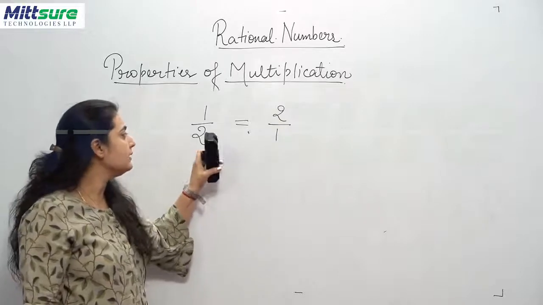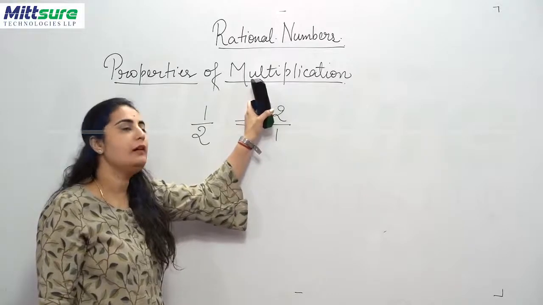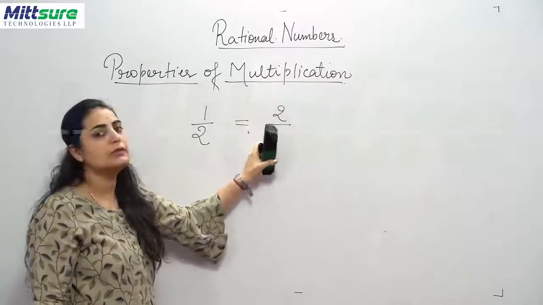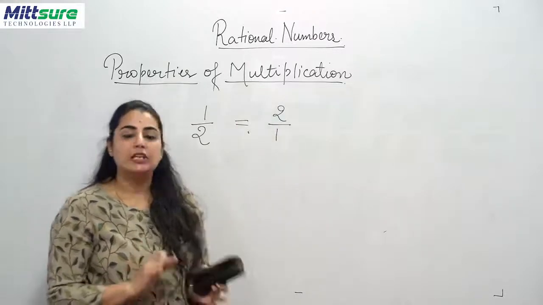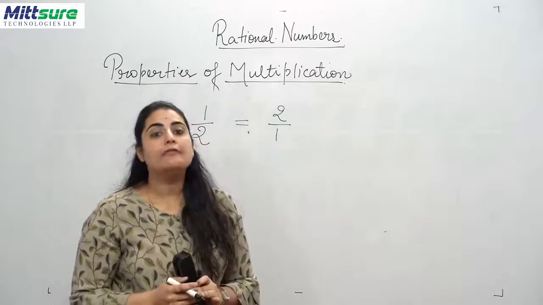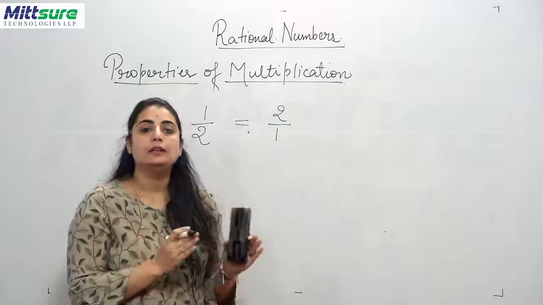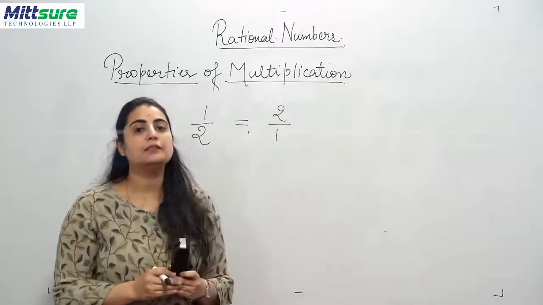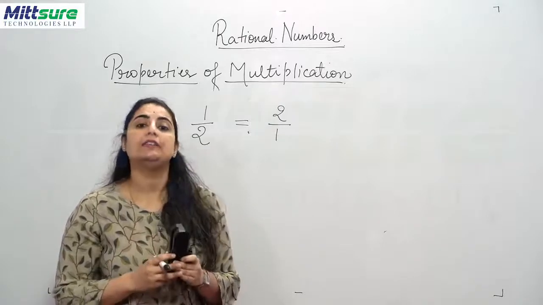Reciprocal means that the denominator comes at the place of numerator and the numerator goes at the place of denominator. This is known as changing the given fraction into its reciprocal. Now when we are associating this word reciprocal with the properties of rational numbers, we are giving it a new name, that is the multiplicative inverse.